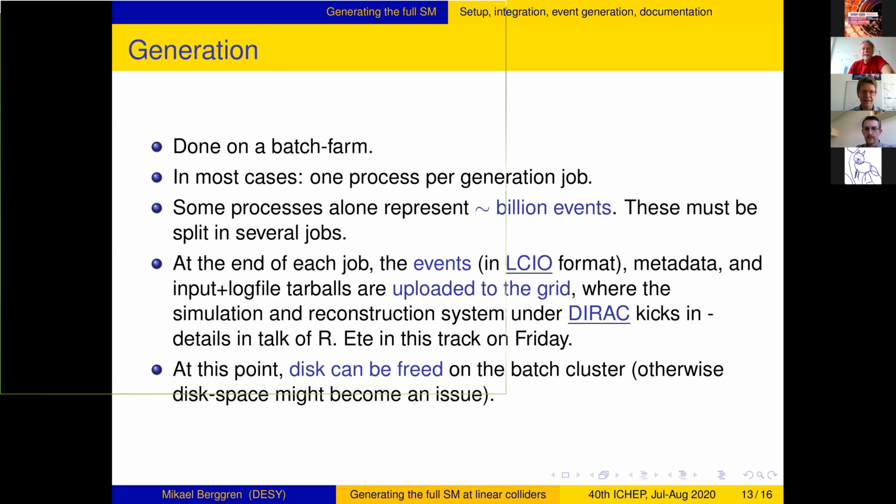For the details of this, I recommend that you listen to the talk in the same track on Friday. At this point, we can free the disk on the batch cluster, which otherwise might become an issue.